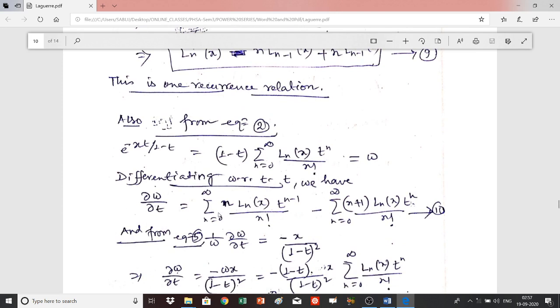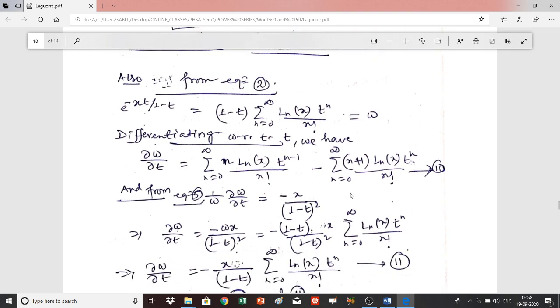So del omega by del t is the sum to infinity of the differentiation of this with respect to t, n L_n x t to the n minus 1 by n factorial, minus the second term, which is this. It goes to infinity, and in this case the term was t to the power n plus 1, so differentiation of that will give you n plus 1, then L_n x t to the power n by n factorial. This is equation 10.